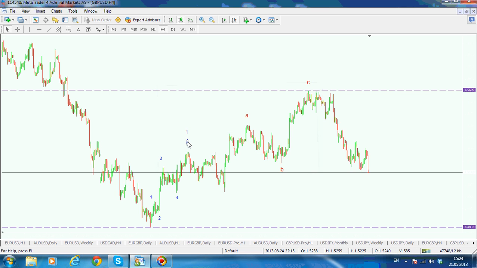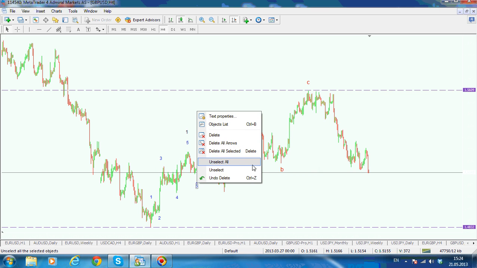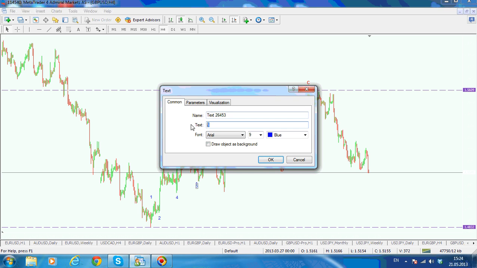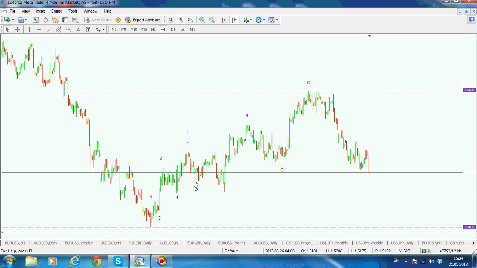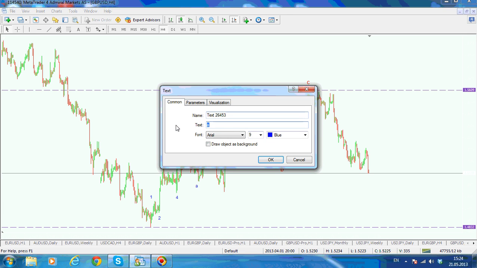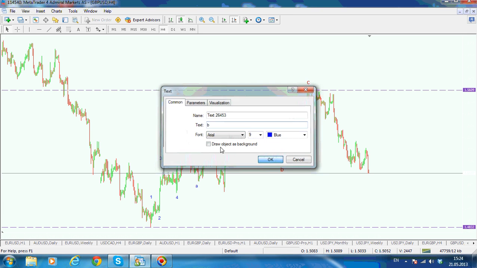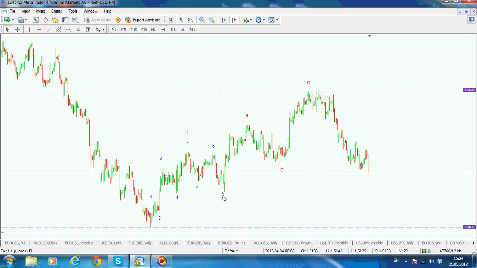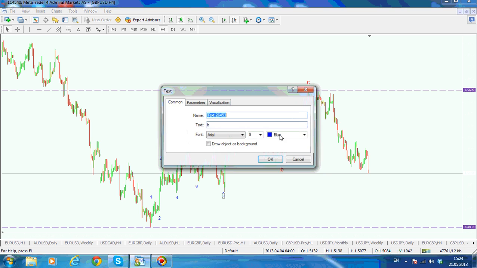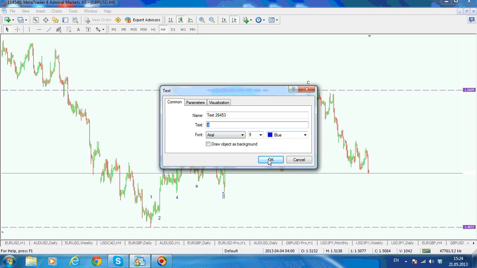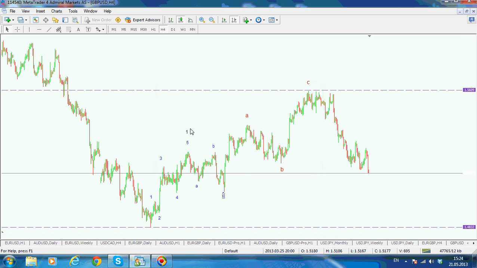Then a nice correction as a flat. This is being called a flat with an A, B, and C. That will make the second wave.